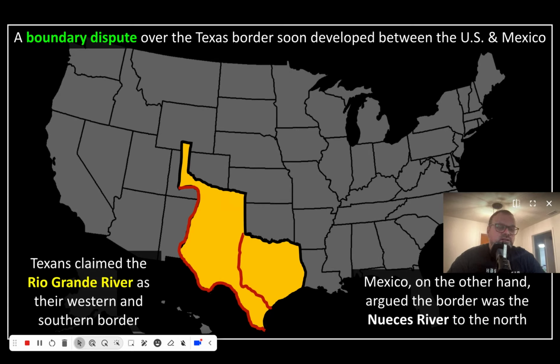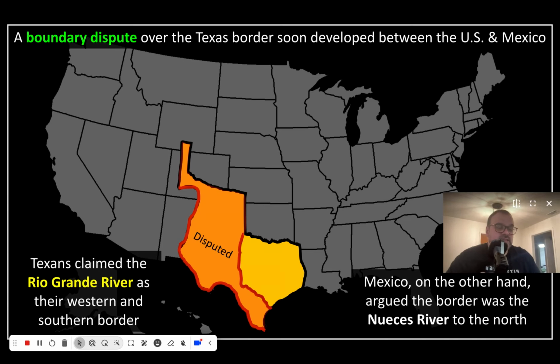The Nueces River meets the Gulf of Mexico just outside of Corpus Christi. So it is pretty far north, a few hours north of here. But again, that sets up where this territory highlighted in orange is disputed territory between the Texans and Mexico.